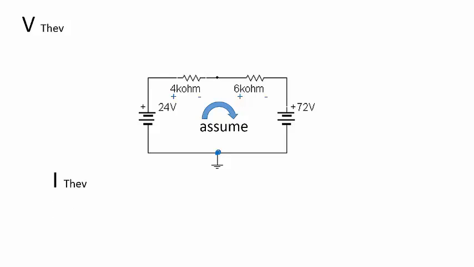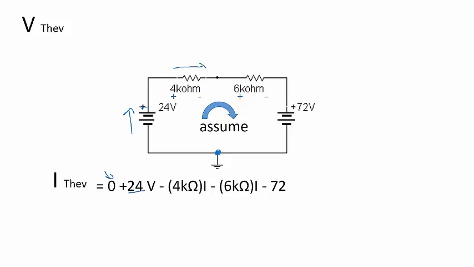So to find the I Thev, we're going to start at the ground. Here, this 0 is ground. The next step for the 24 volts would be going this way over the 24 volts. If you notice, you go from negative to positive, so it is a positive 24 volts. Your next step is to go over the 4 kilo ohm resistor, and you'll notice it goes from positive towards negative.